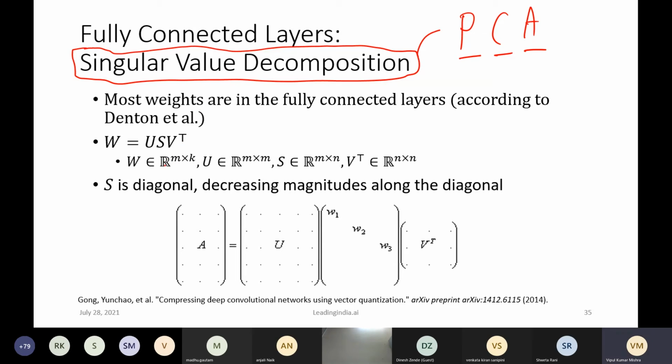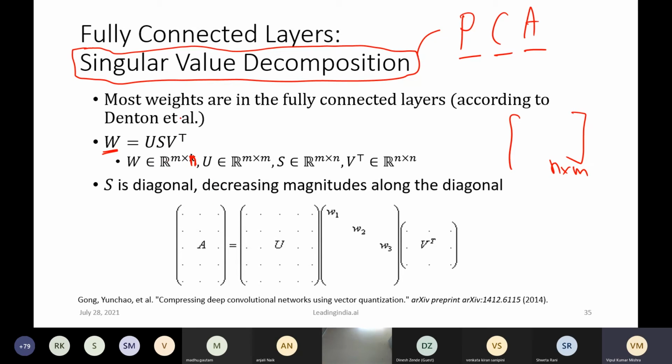The very first thing is that it has a matrix W, a two-dimensional matrix, let's say of size n cross m. Actually, it should be m cross n, right?